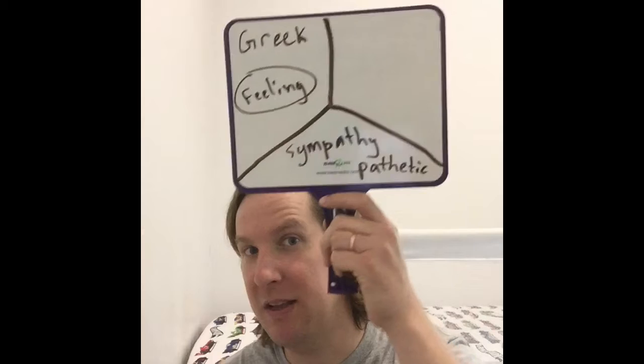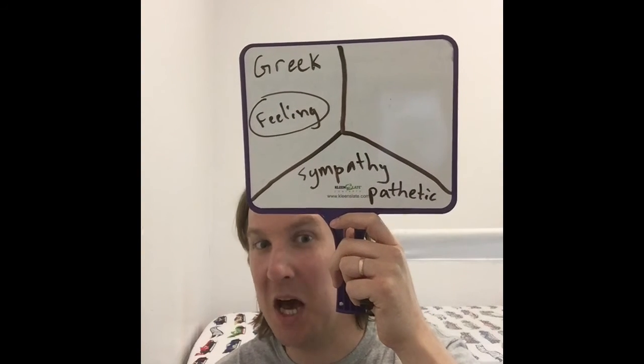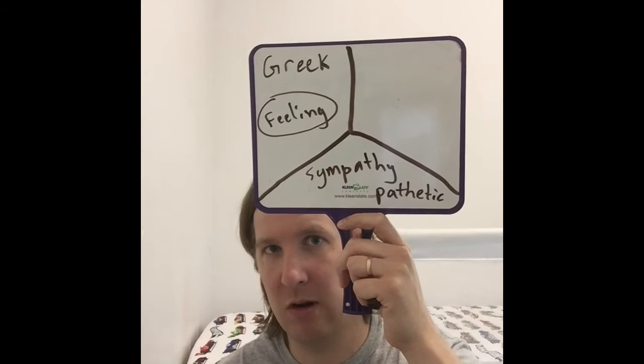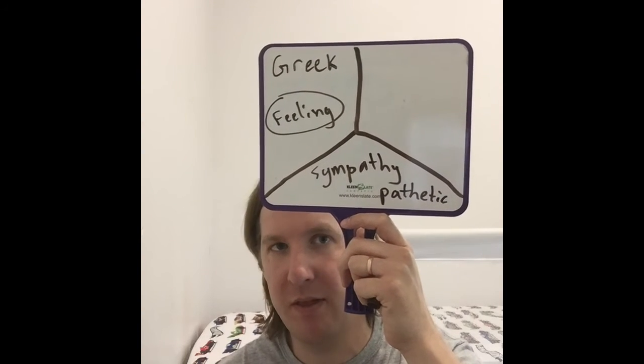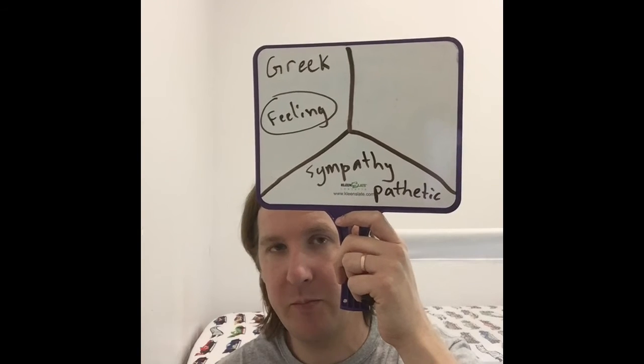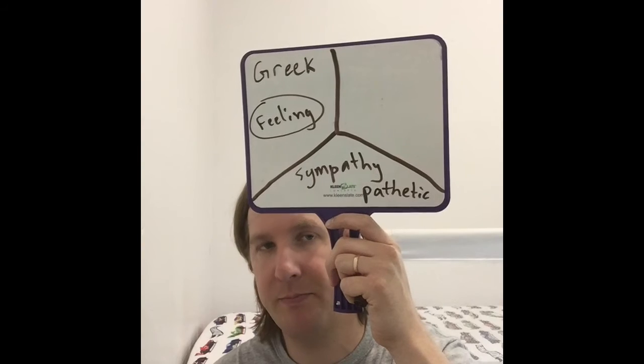Another example could be the word pathetic. Pathetic can be a feeling. If you're feeling pathetic, it means you might be feeling really low or not very important or not valued. If someone feels pathetic, then it means that they don't feel very good about something.